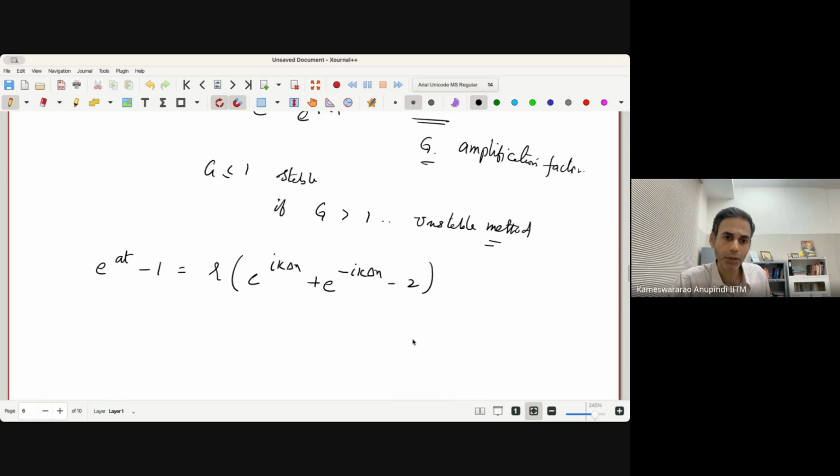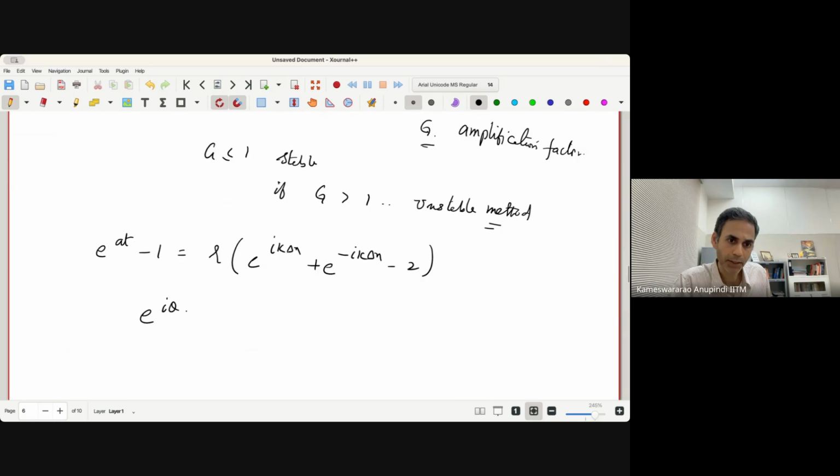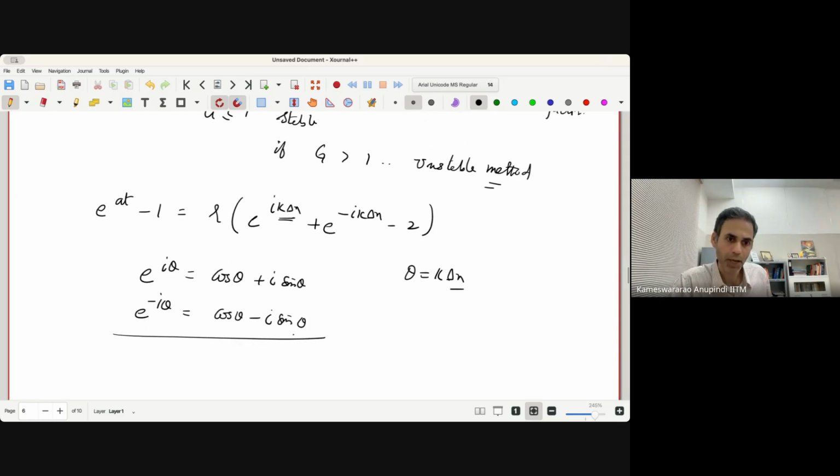Now we know that e to the power i theta equals cos theta plus i sin theta. In this case, let me call k delta x as theta. Then e to the power minus i theta is equal to cos theta minus i sin theta. If we add these up, e to the power i theta plus e to the power minus i theta is 2 times cos theta.